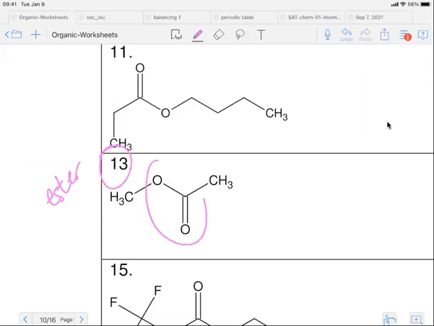So this is our original carboxyl group. So that means it's methyl. Remember, the thing that comes on the other side of the oxygen that's in the chain is the alkyl group. So this is methyl. And then how many here? We've got 1, 2 carbons. 2 is eth. So it's ethanoate. Methyl ethanoate.